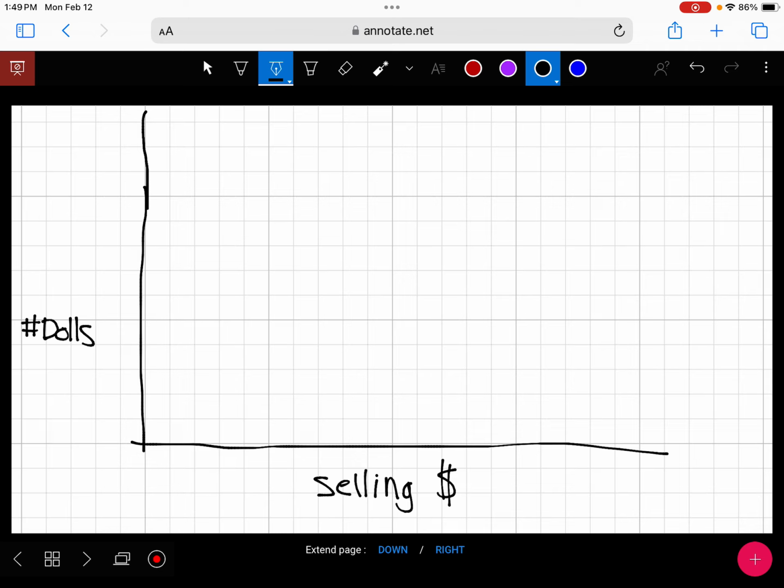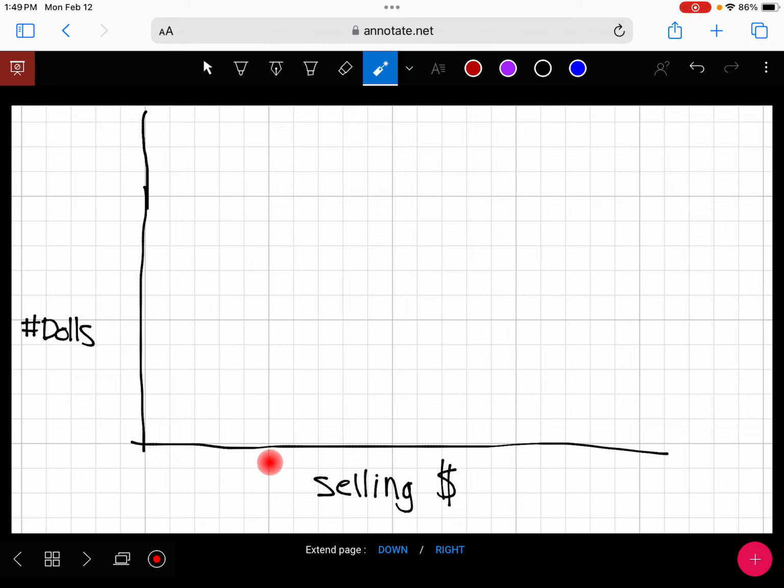So we want to make sure that we can get our graph to be readable, but also detailed enough. So we like to fill as much of the space as we can. So looking at the data that we have, do I need to count the bottom of the graph by ones, like 1, 2, 3, 4, 5?